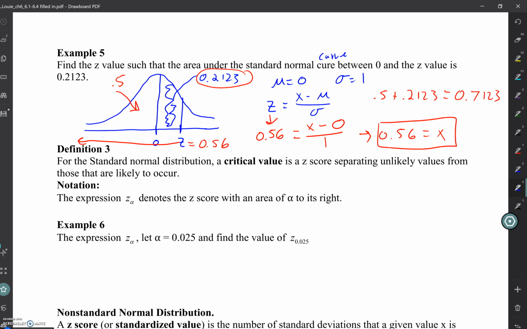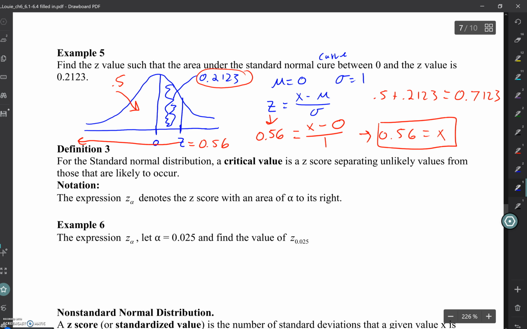All right, so as much fun as it is to surf through the table, we do have technology to help us as well. We do have to use a slightly different function. When I know an area, we're going to use a function that's called inverse norm.